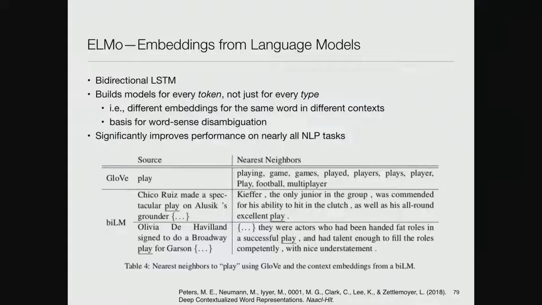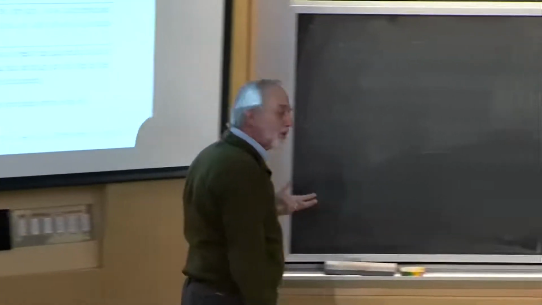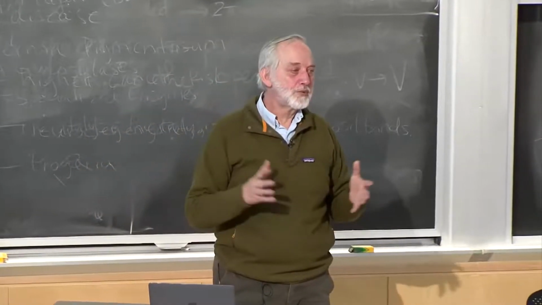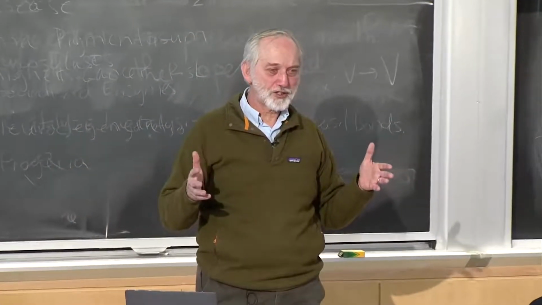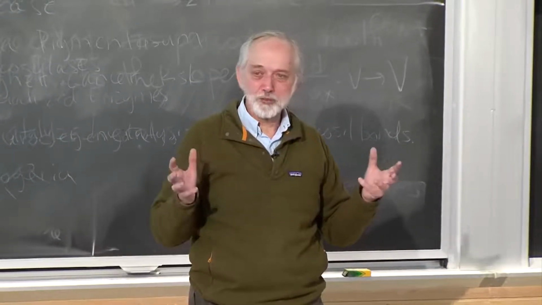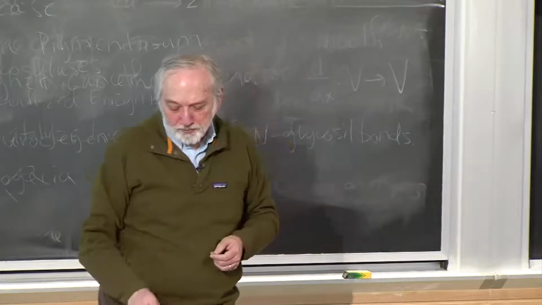So this is presumably the baseball player. And here is "they were actors who had been handed fat roles in a successful play." So this is a different meaning of the word play. And so this embedding also has made really important contributions to improving the quality of natural language processing by being able to deal with the fact that single words have multiple meanings, not only in English, but in other languages.